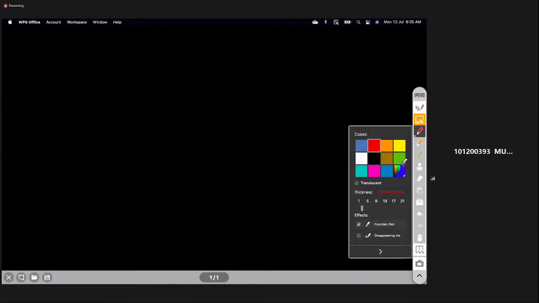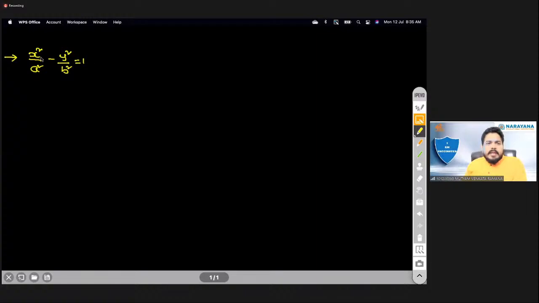Right. So look here. What we will do now: x square by a square minus y square by b square is equal to 1.